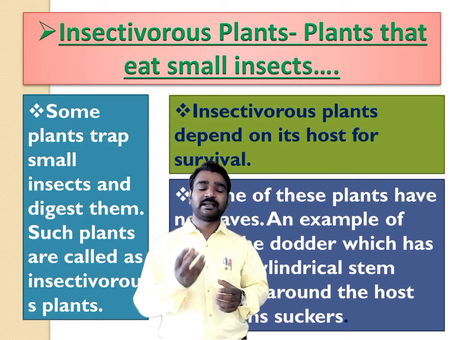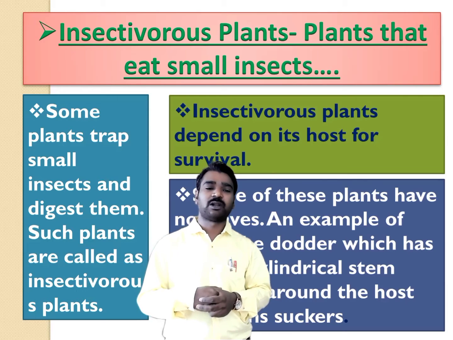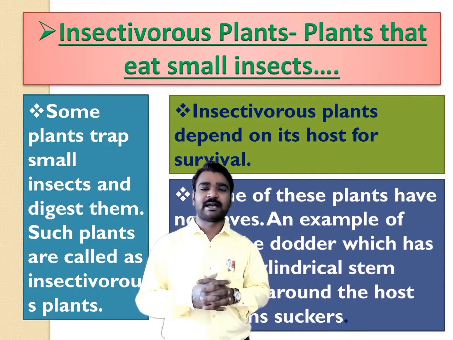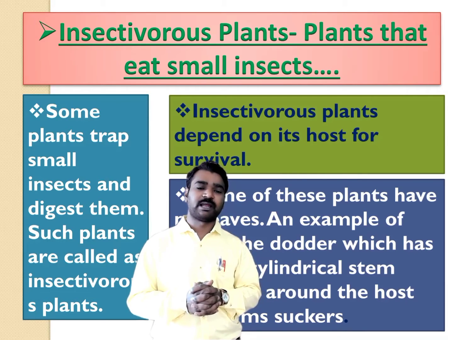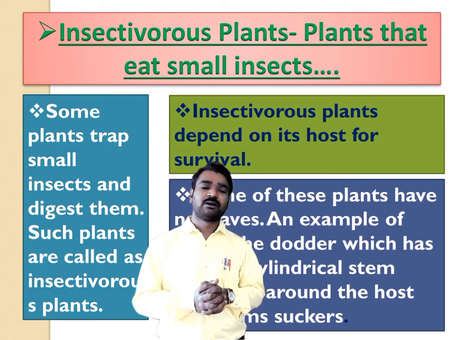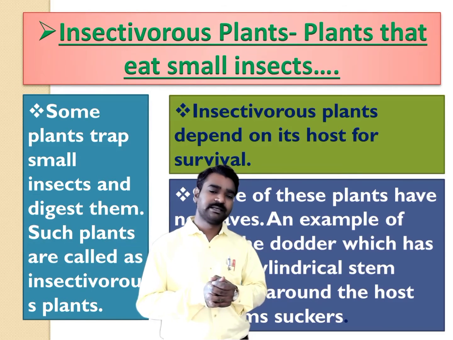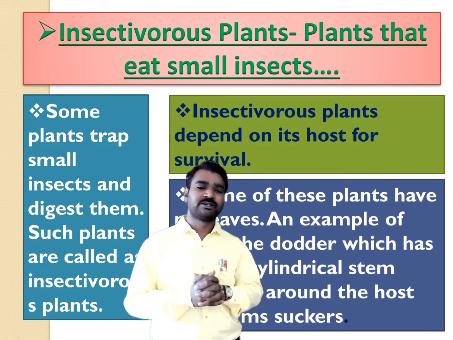They get their food by digesting small insects. Such plants are called insectivorous plants. These can also be called carnivorous plants. We'll have some basic information about these insectivorous plants in this video.